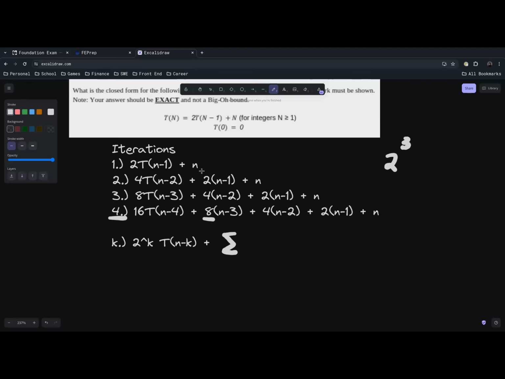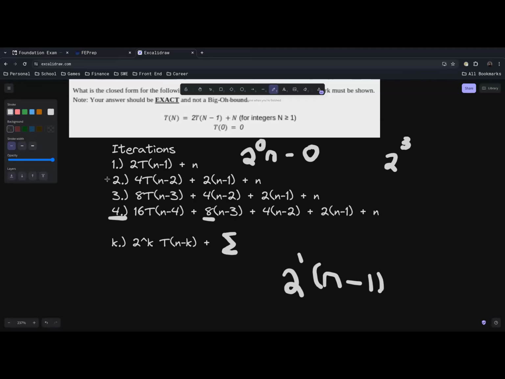In this one, we have 2 to the 0 times n minus 0, right? That is a way that we can describe this one. This one, we have 2 to the 1 times n minus 1 plus that last term.